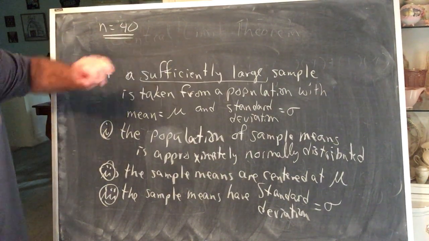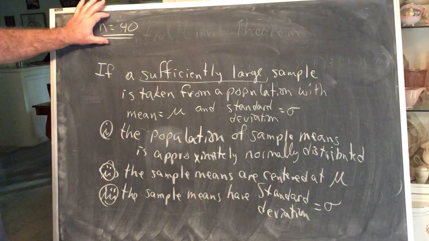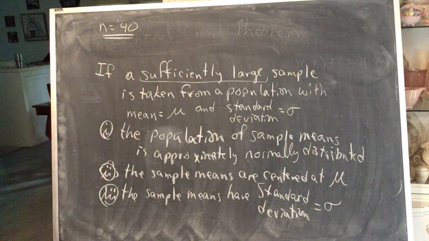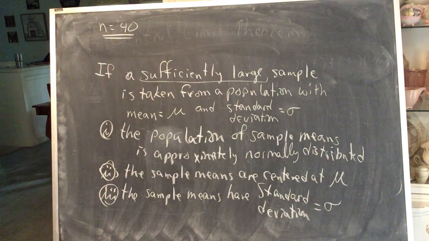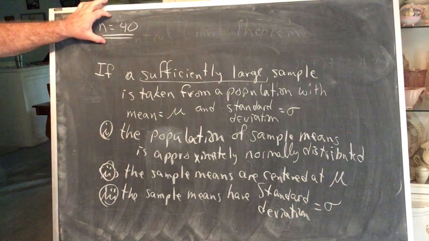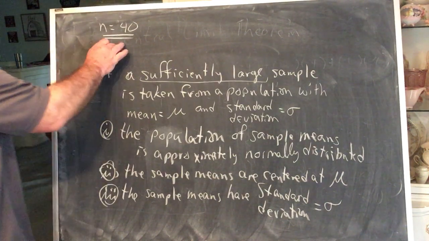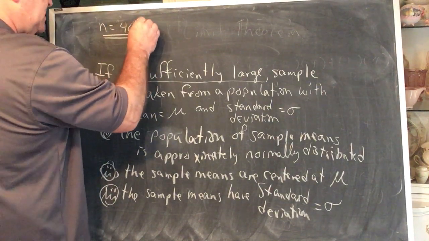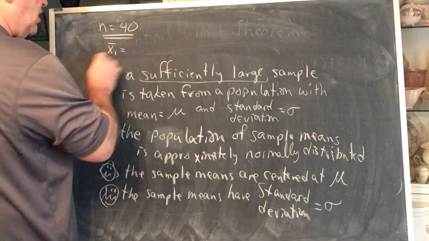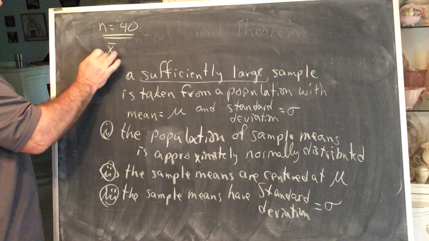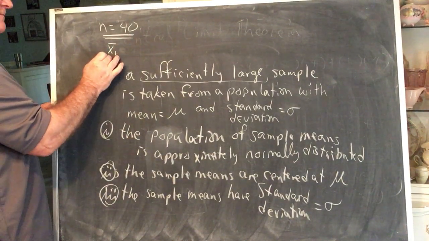We'll talk about sufficiently large in just a little bit. But for now, let's just assume that 40 is a sufficiently large sample, and so we've taken a sample of size 40. Well, if researcher number 1 takes a random sample of 40 from this huge population, researcher number 1 will compute from that sample X bar number 1.